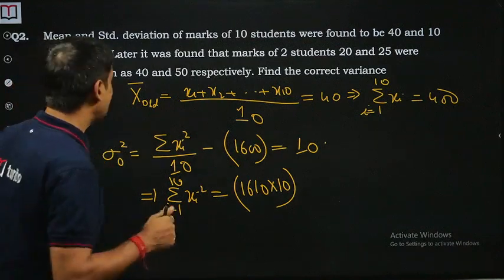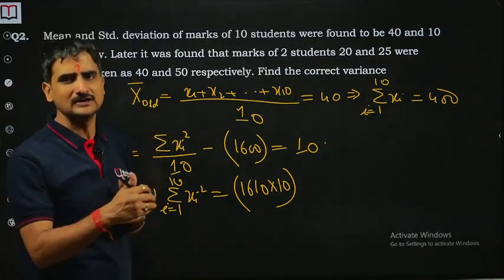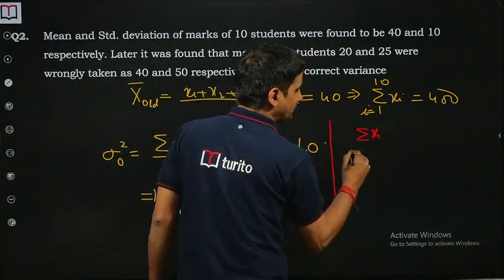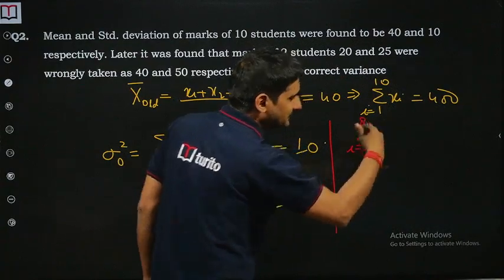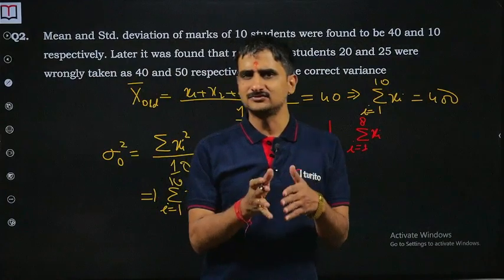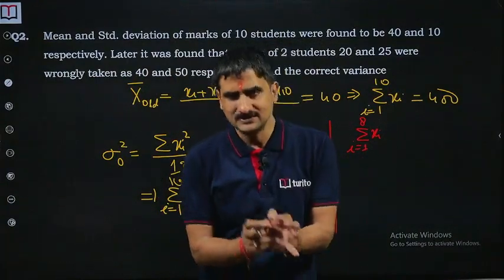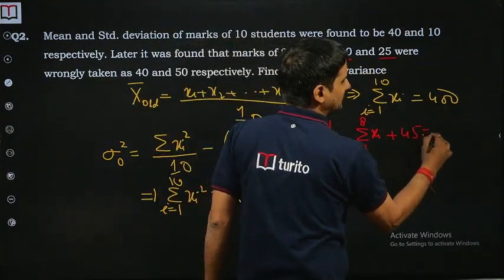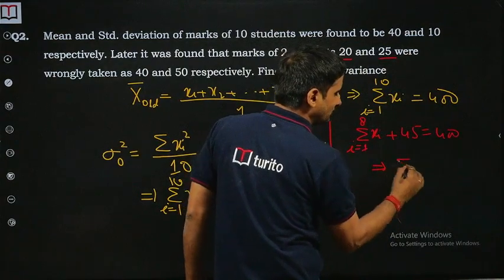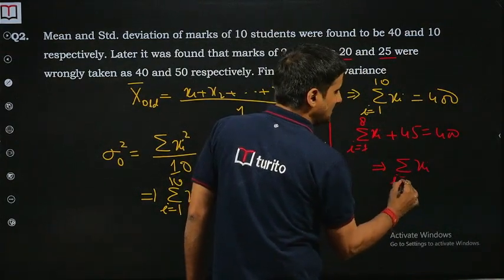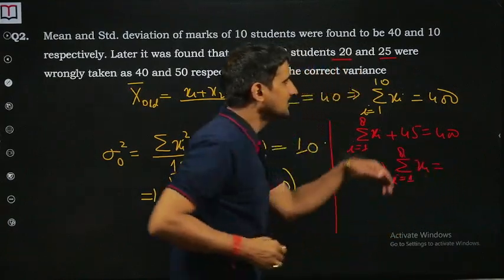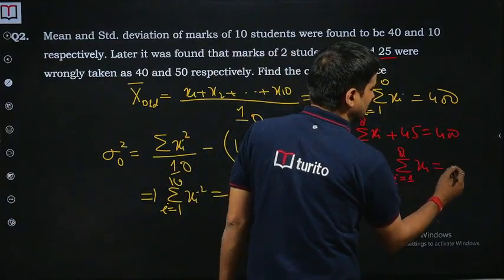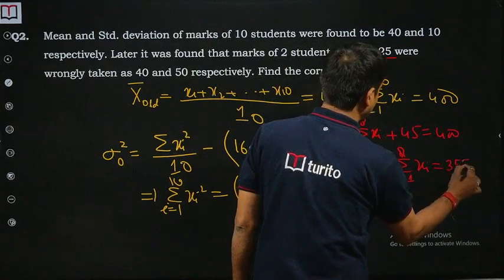But then it was found that 2 students' marks were wrongly used. So what does that mean? That means summation xi, when i goes from 1 to 10, is x1 plus x2 up to x8 plus x9 plus x10. So x9 and x10 are 20 and 25, so it's 45, and the total is equal to 400. That means those students' marks which remain unchanged on both sides, the old one and the corrected one, have a sum, and this is nothing but 355 here.